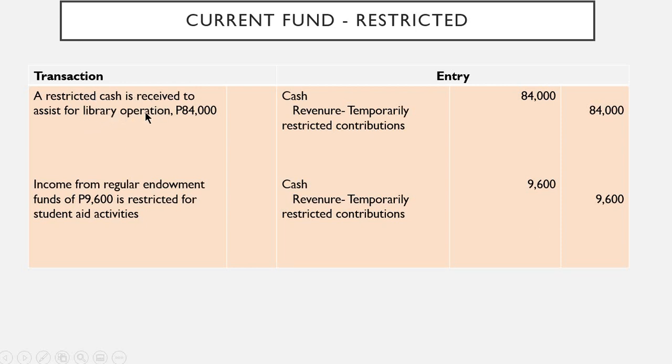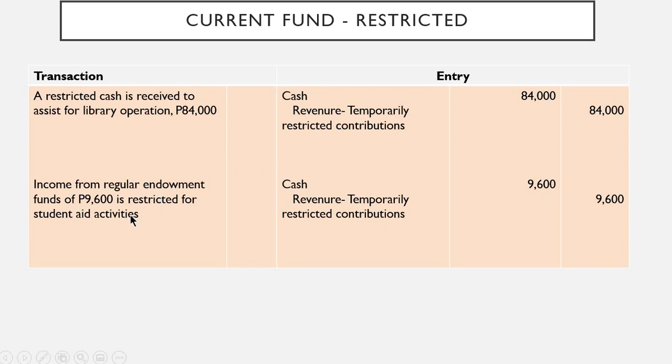Okay, for library operation lang daw yung 84,000. Kaya, temporarily, we can say that it is a temporarily restricted contribution. Kasi once na nagamit na yung 84,000, or pag may related expenses na sa 84,000 na contribution for library operation, then pwede na siya i-reclassify into unrestricted net asset classification.